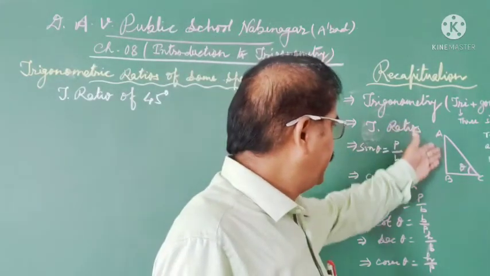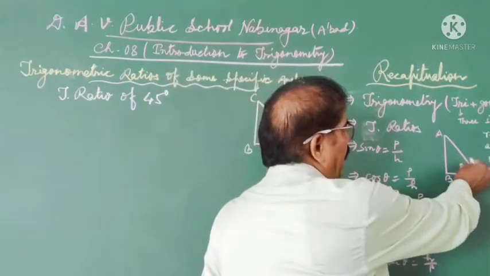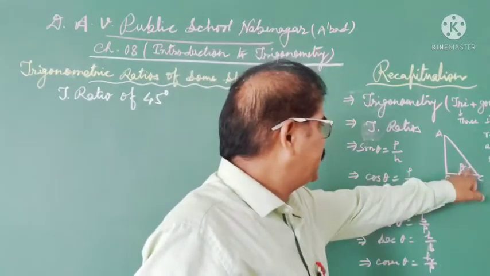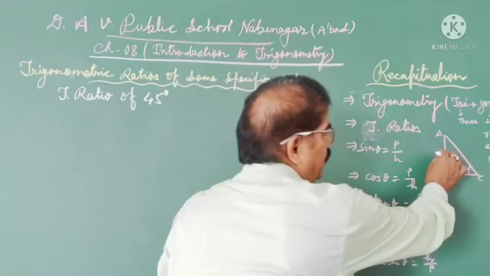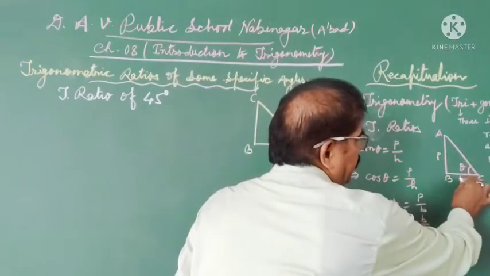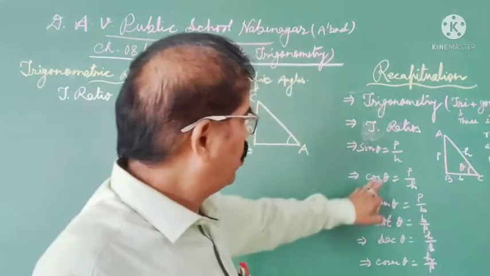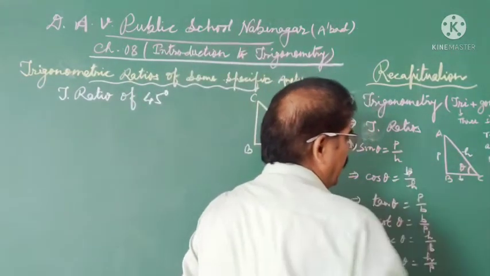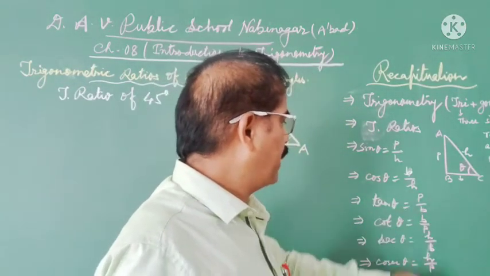Here given ABC right angle triangle, and C and A are acute angles. If C is angle theta, then sin theta equal to P by H, cos theta equal to B by H, and tan theta equal to perpendicular by base.